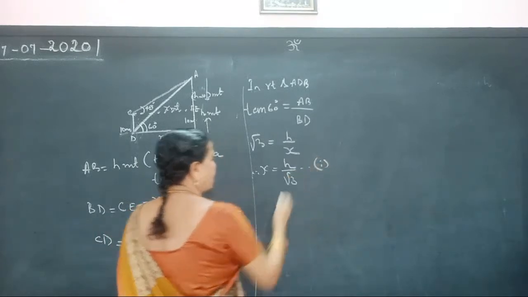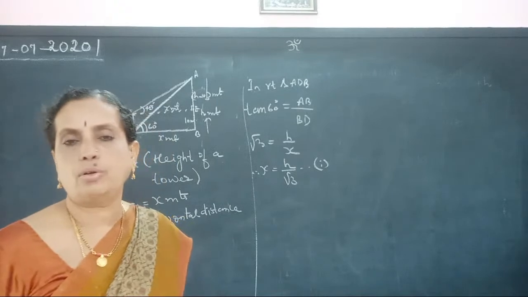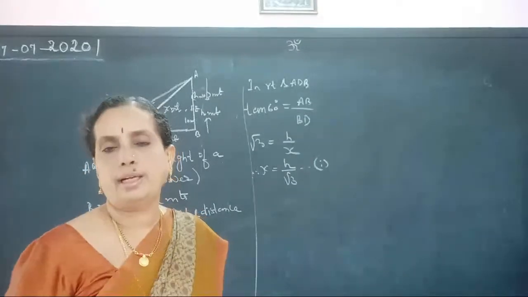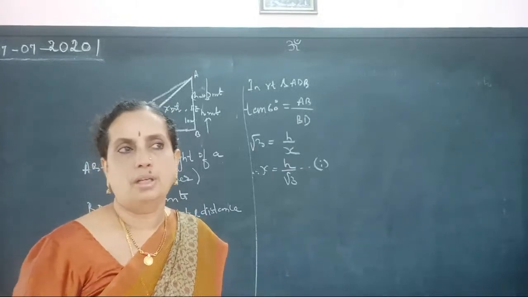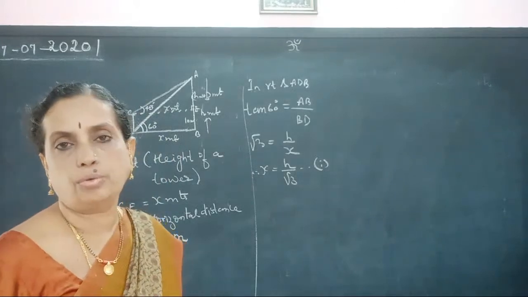Condition 1. Same condition, it is repeated in many other problems also. Whenever you have 60 degree, 30 degree, you will get x in terms of h with respect to either h by root 3 or h root 3.